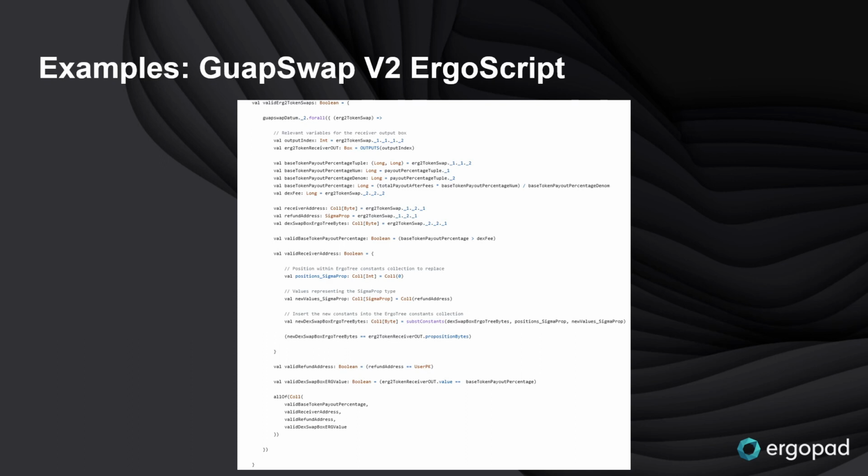So we want to know what the output index is, the output box associated with Erg to token swaps, and other parameters we need in order to calculate the different settings we want.